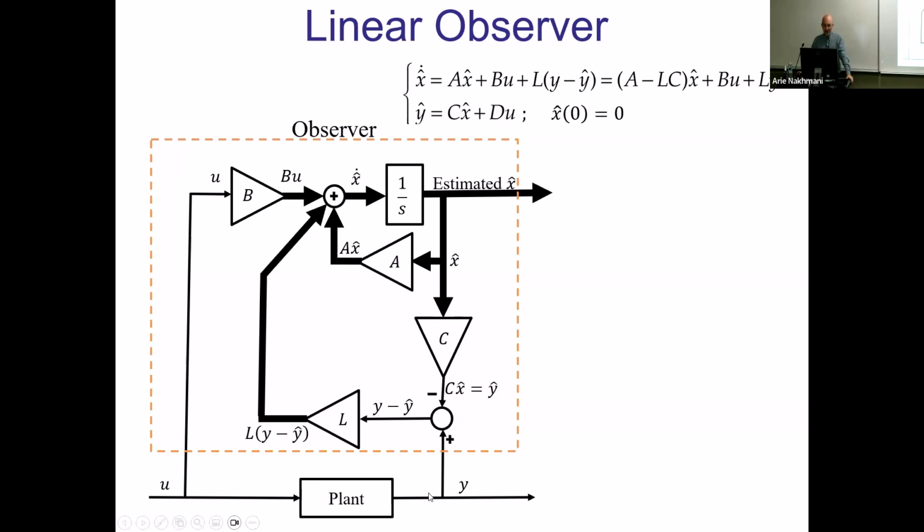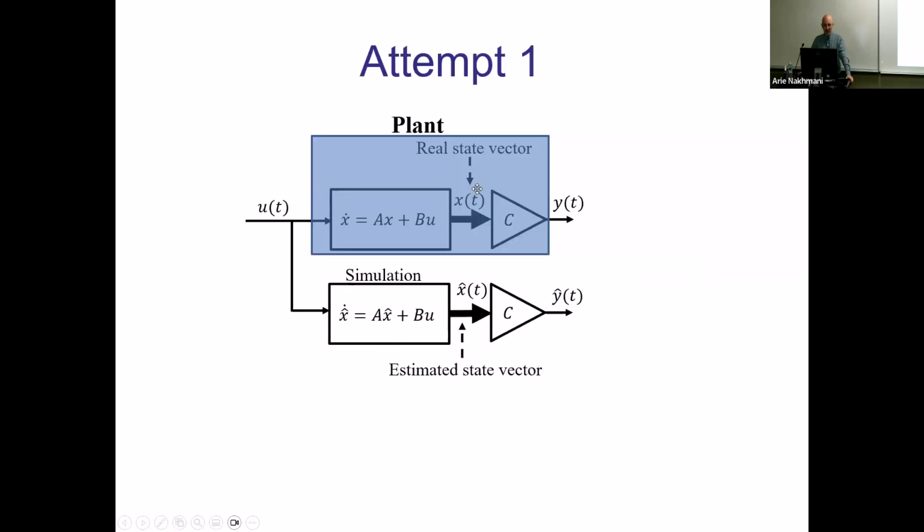So what happens is you're measuring Y, you're taking U inside of the observer, so those are the two inputs of your new system, and this is your output. Your output will be that estimated X. Here is the equation that we are using, a very interesting equation with two inputs now. X estimated dot will be that original simulation as we've seen in the diagram.